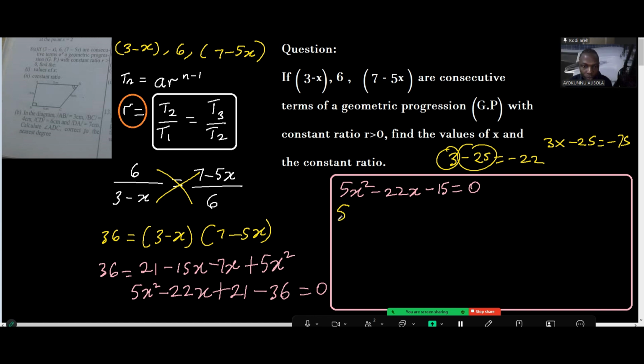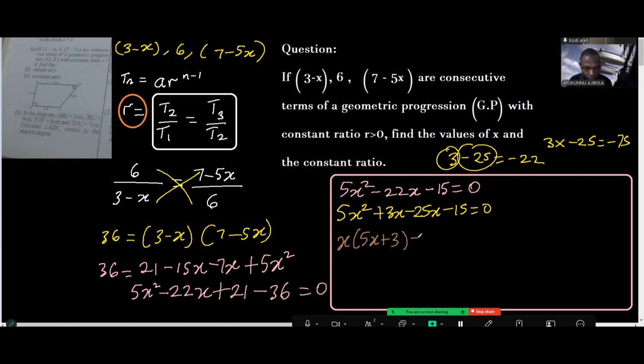So that'll be 5x squared plus 3x minus 25x minus 15 equals 0. Then we can factorize and say what is common to the left and right side here? We have just x. So x into 5x plus 3. Then what is common to this side? That'll be 5.